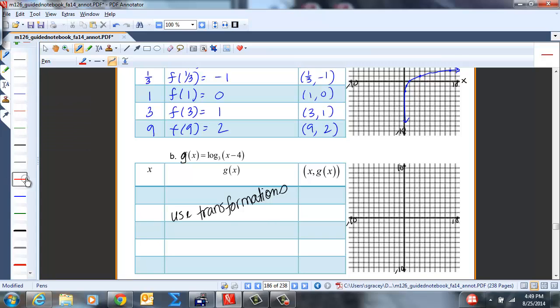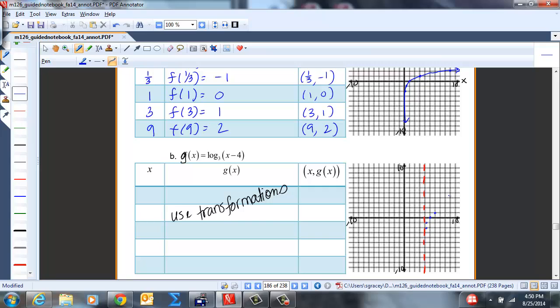So we'll have a vertical asymptote 1, 2, 3, 4 here, and to the right of this is where our graph will start. So we'd have an ordered pair about here, and then here, and here.